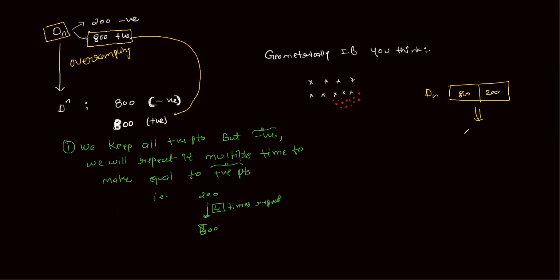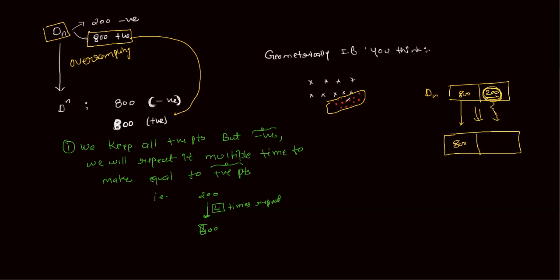We keep the 800 positive points, and for the negative points we repeat them again and again until they become equal to the positive points. Geometrically, suppose this is the data for the negative class, only these 200.